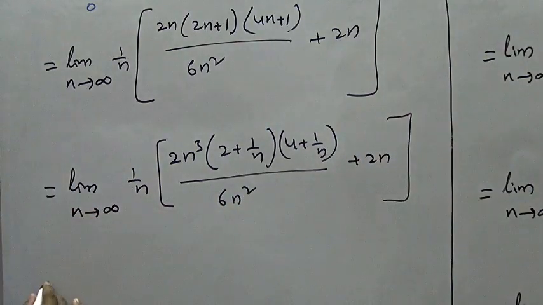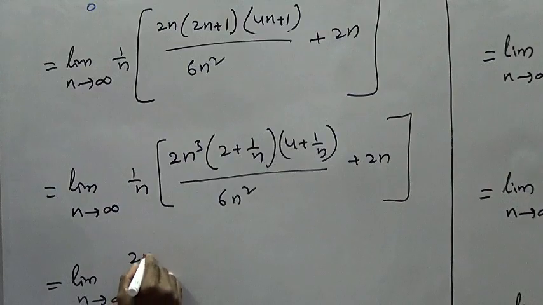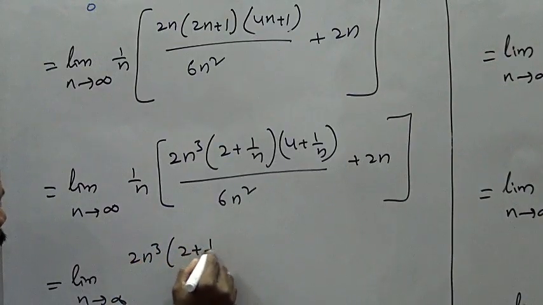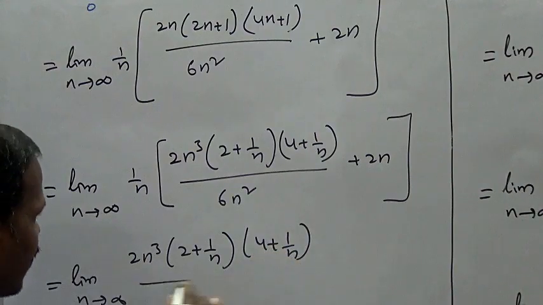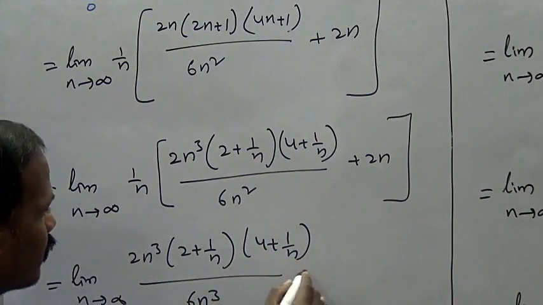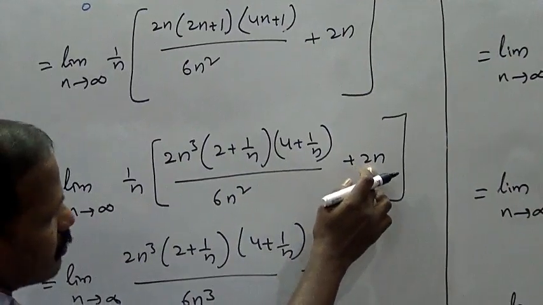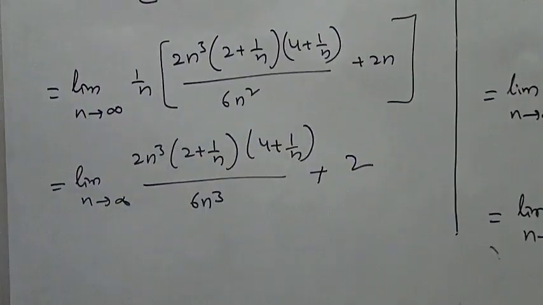Now this is equal to the limit of 2n cube into (2 plus 1 by n) into (4 plus 1 by n) by 6n cube, plus 1 by n into 2n, which is 2.